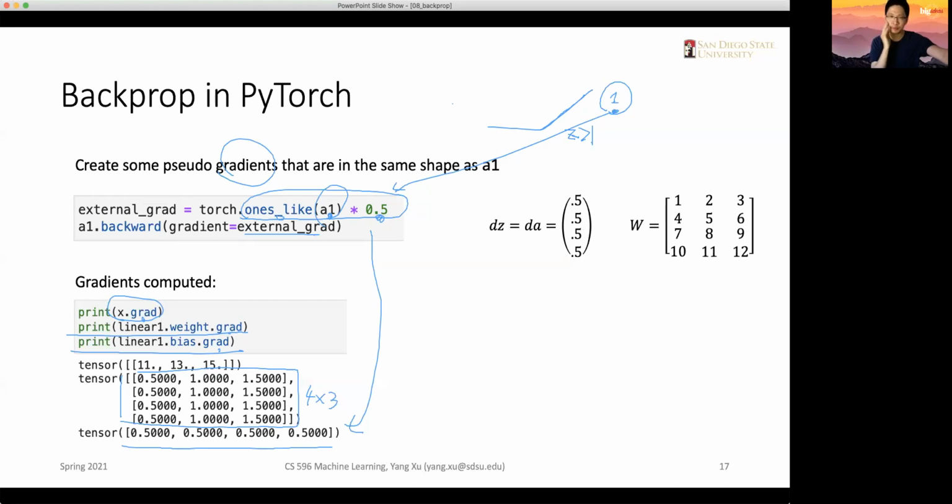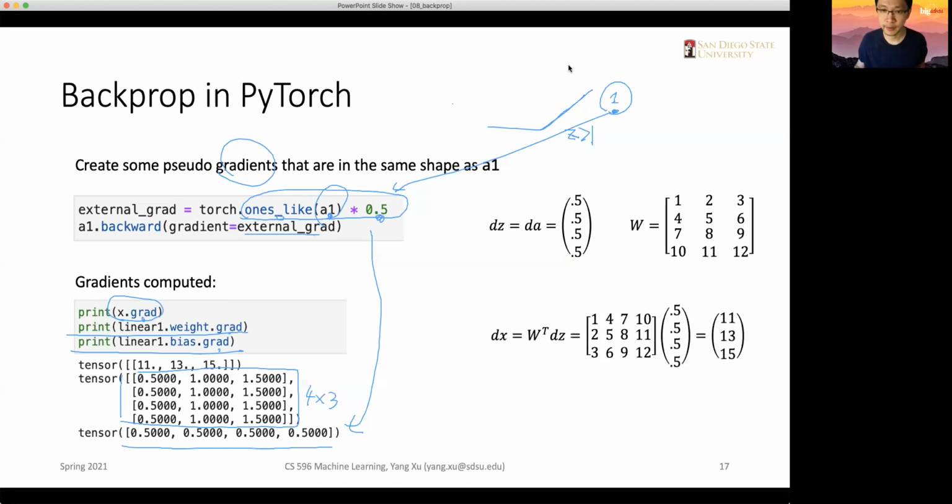Now let's manually check if the computation is correct, because the parameter W is initialized to 1 to 12. Following the general principles of backprop, when we compute dx, it will be W transposed times dz.